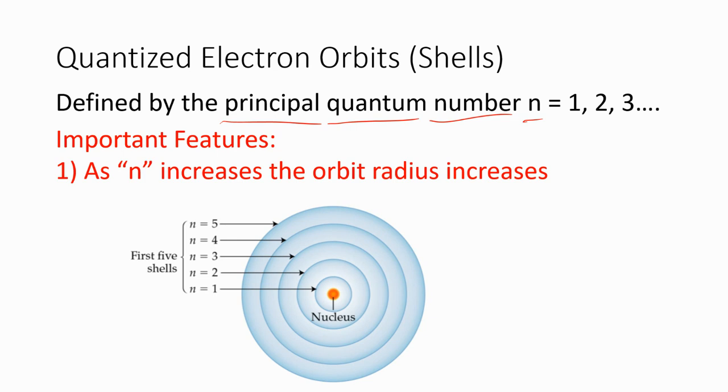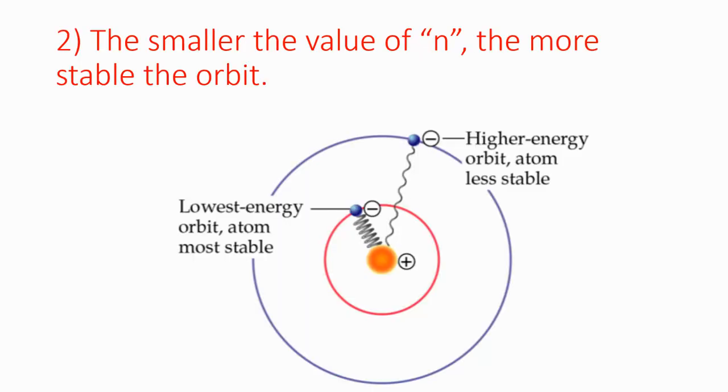You could keep going. So as n gets larger, the distance from the nucleus for that particular orbit is also going to increase. But as we talked about in our last video, that has consequences. So if I have an electron that is placed in the n equals 1 orbit, then it is very close to the nucleus. And for that reason, it's going to be lower in energy. Why?